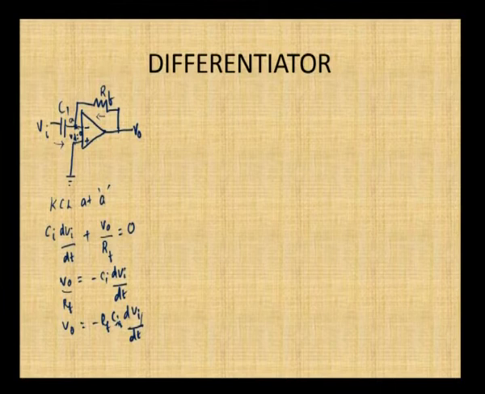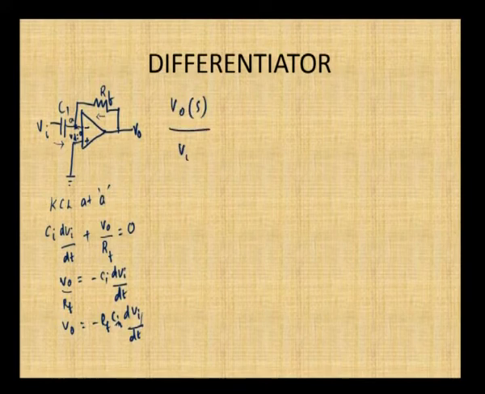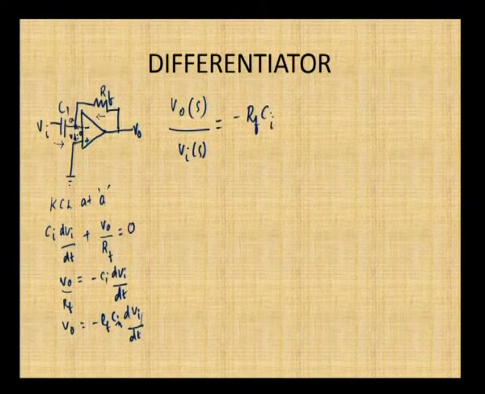This is the time constant of the differentiator, or this many times the input voltage is differentiated by the circuit. And if you go with the phasor notation, or in S domain, you will have V naught of S by Vi of S is equal to minus RF Ci.